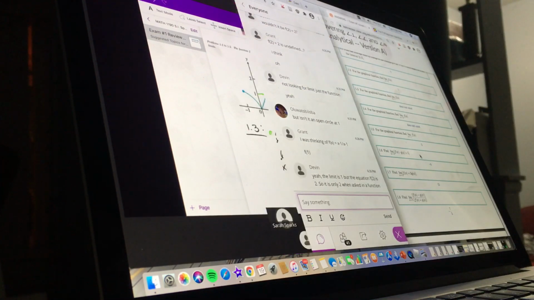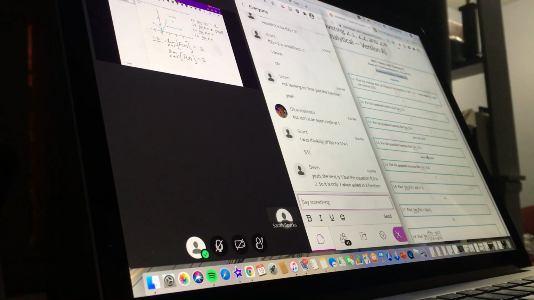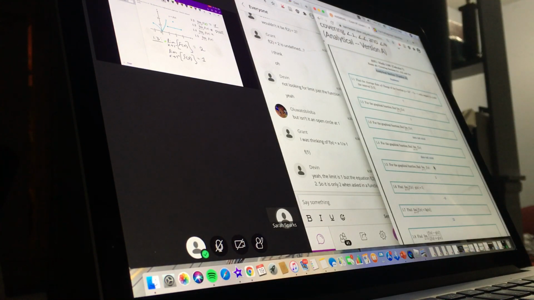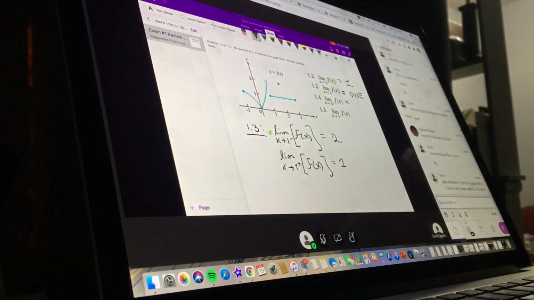All right, let's go to the next one. The limit as x goes to 3 from the right side. So this is where 3 is, right here. If you notice, there is nothing coming from the right side of the function.